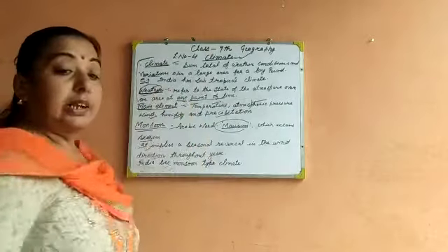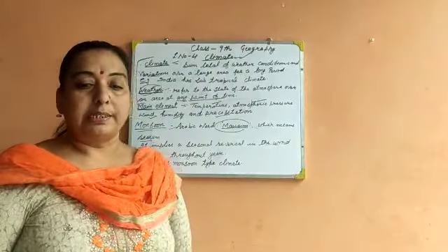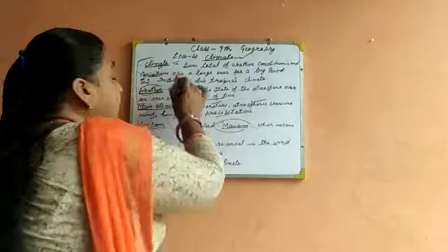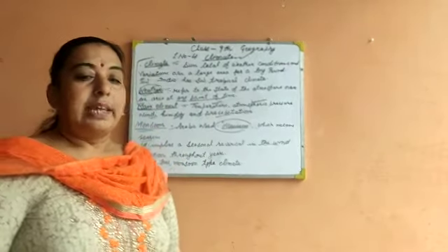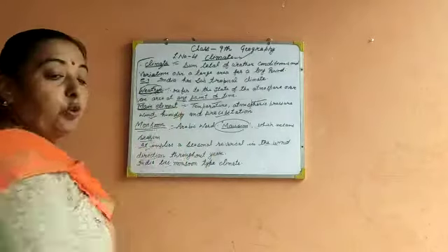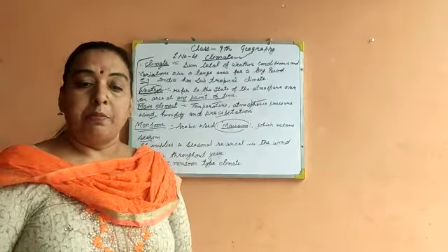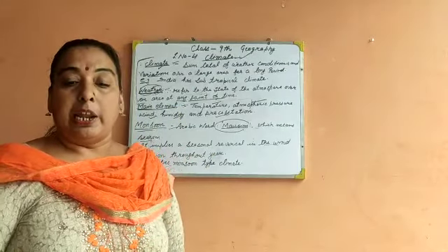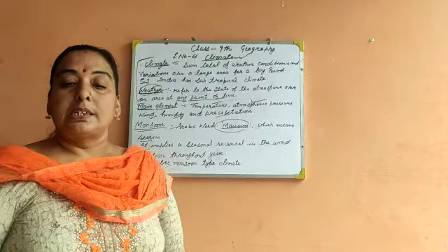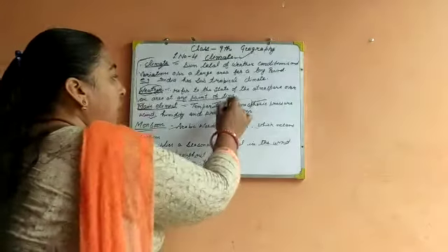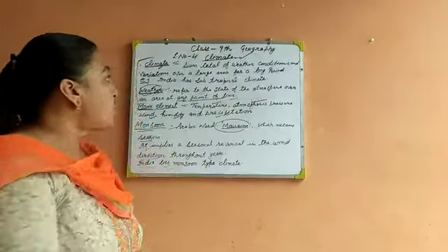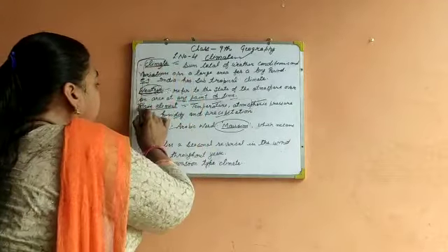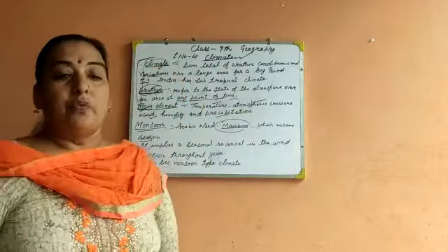Weather is referred to a particular place, but climate covers a long period of time. Weather changes from day to day, time to time, but climate remains more or less unchanged for one or many years. So students, this is the difference between climate and weather.